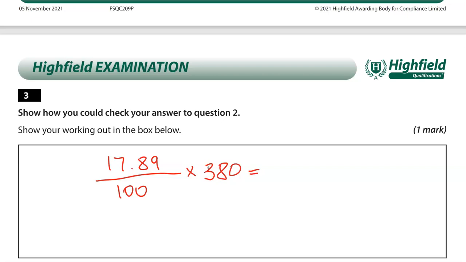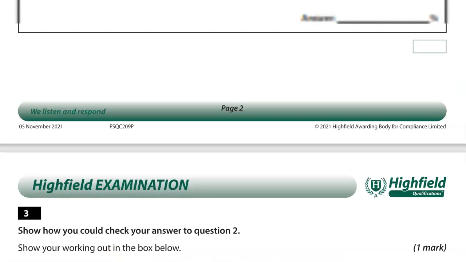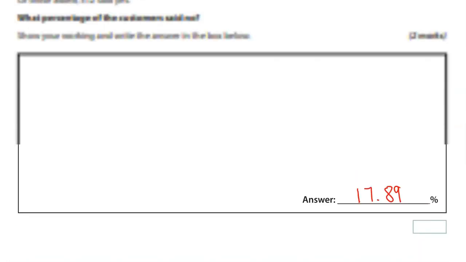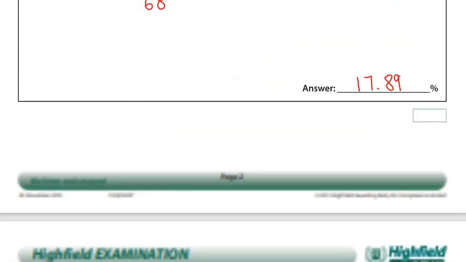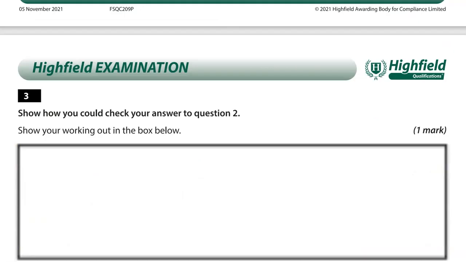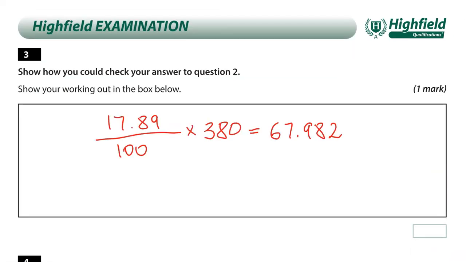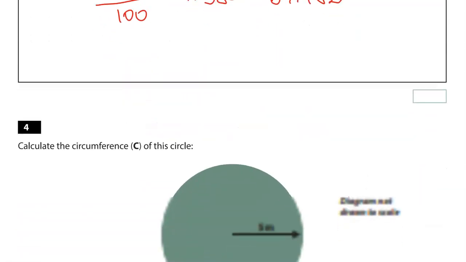So using a calculator, doing 17.89 divided by 100 times 380 gives us 67.982, which is very close to the 68 that we input, because we rounded the percentage in the end. So that shows we've done the calculation correctly. It's a way of checking.